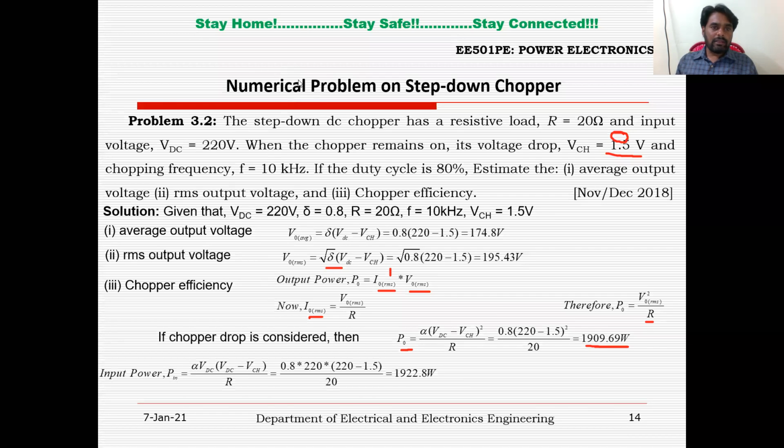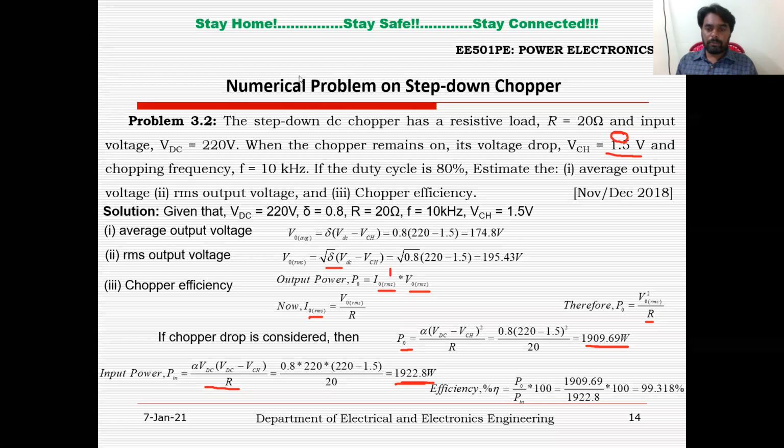Similarly, the input power is given by this expression, and you substitute all those parameters, you will get the input power as this much. So the output power divided by the input power, which is 1922.8, will give the chopper efficiency as 99.318 percent, right?